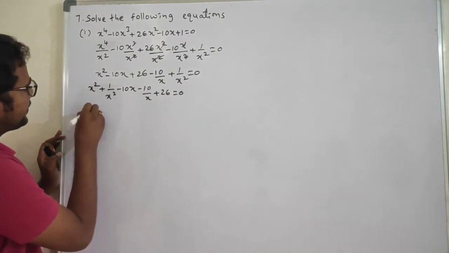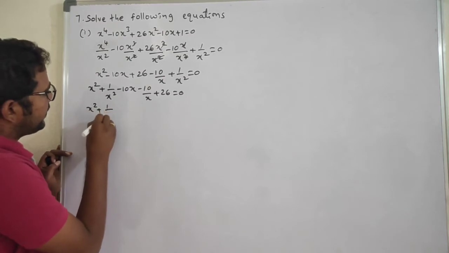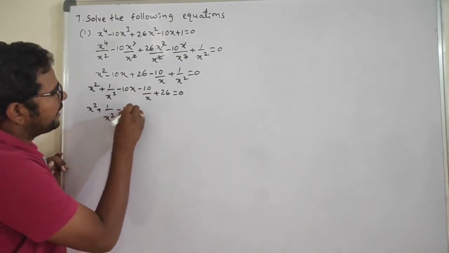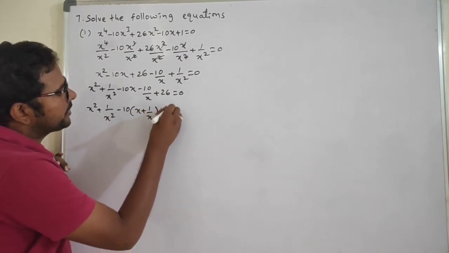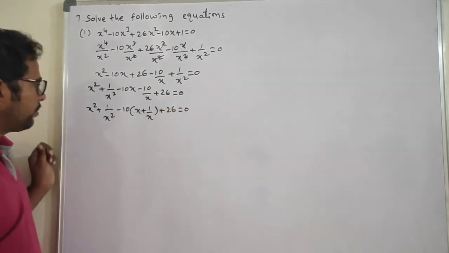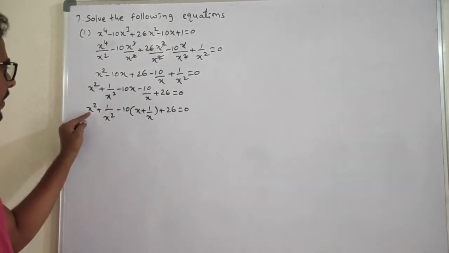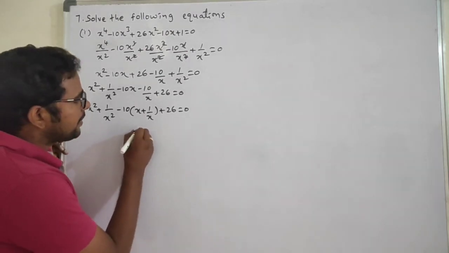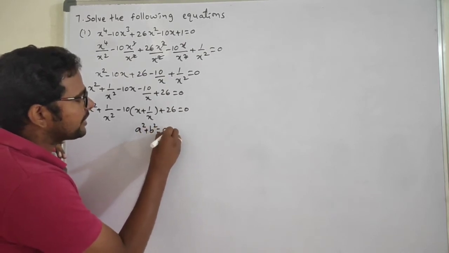So we can write this as x square plus 1 by x square, minus 10 common, x plus 1 by x, plus 26 equals 0. This term also should be written in the form of x plus 1 by x whole square. It is in the form of a square plus b square, which we can write as a plus b whole square minus 2ab.